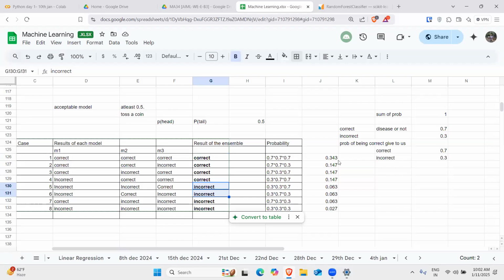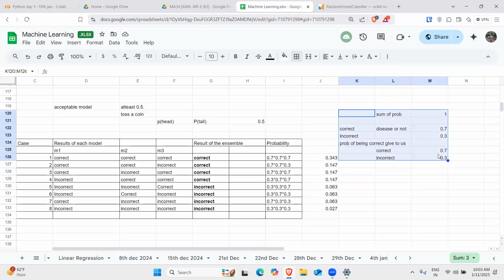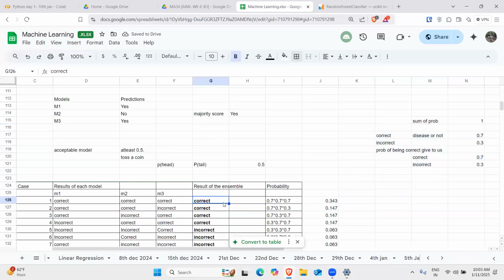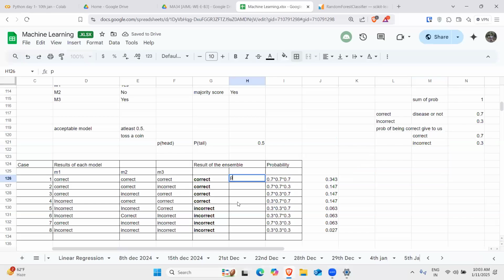For all the data, it will be 0.343 plus 0.147 plus 0.147. Consider that if the final output is correct, we have P, P, P. And if the final output is incorrect, we have Q, Q, Q, Q, right?